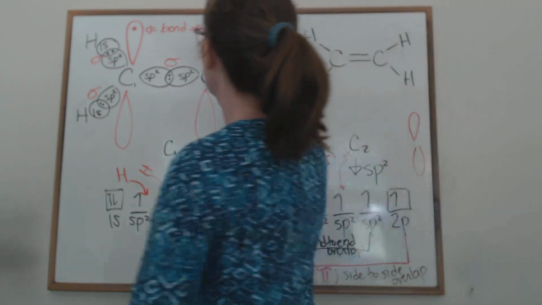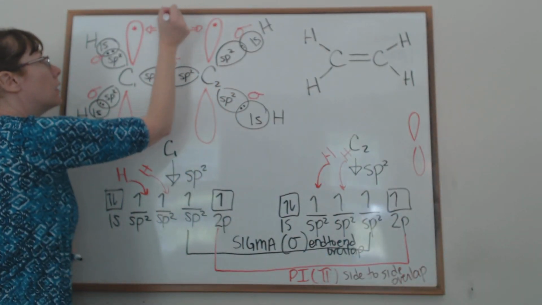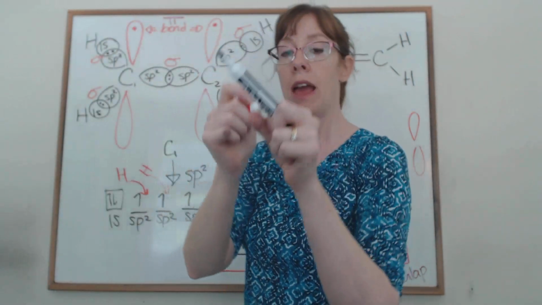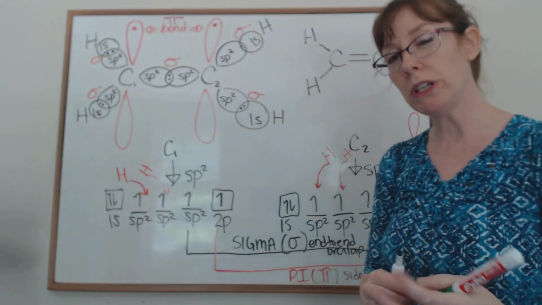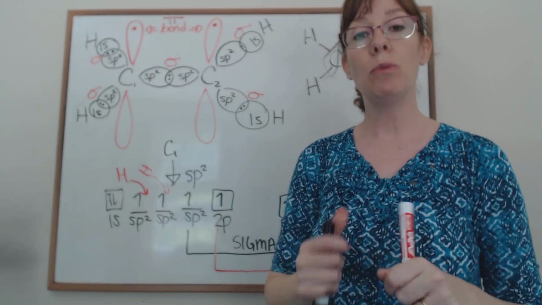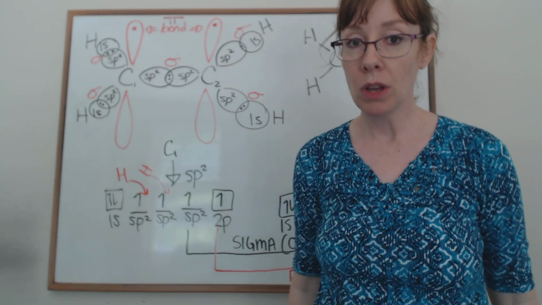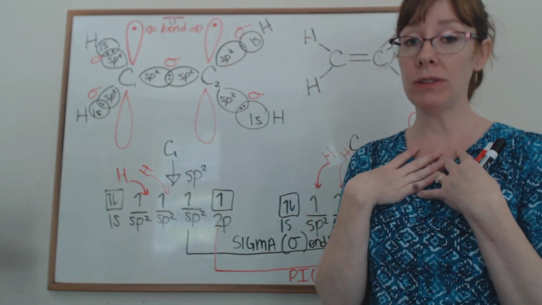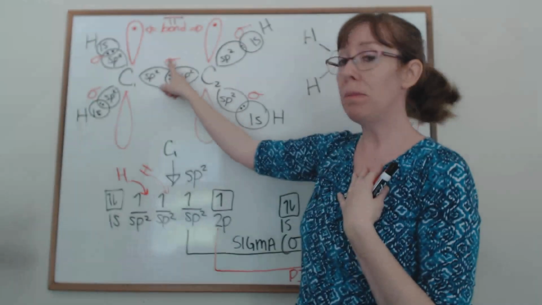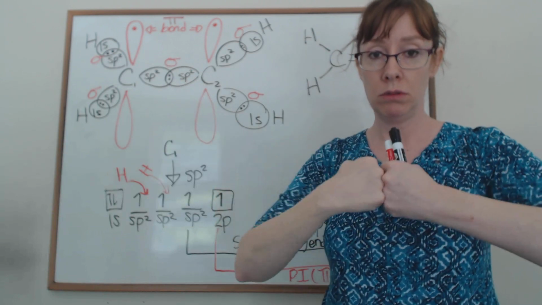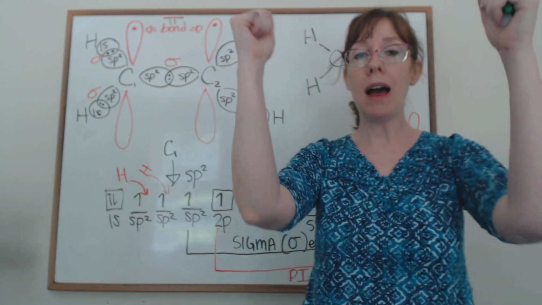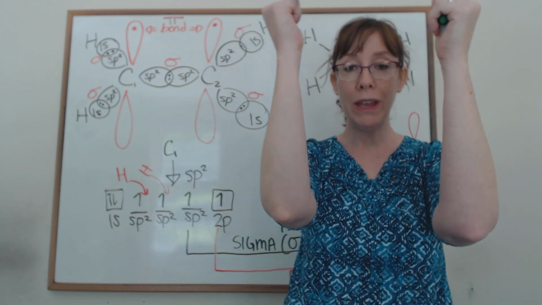This top one is a pi bond because it involved p orbitals that overlap like this. Now, use your common sense. Which one do you think is stronger and which one do you think is weaker? Which one looks like a better overlap? Hopefully you see like me. Sigma bonds are stronger. They overlap like this, whereas pi bonds are weaker.